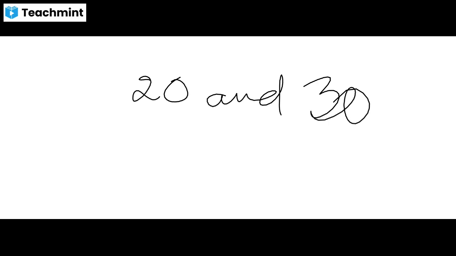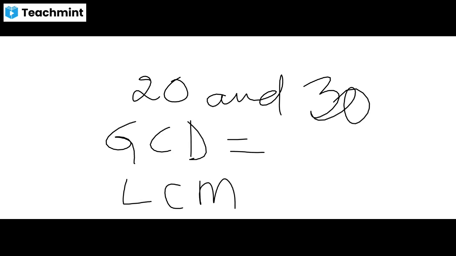We are talking about two things. One is GCD and the other one is LCM. GCD and HCF are same, then another one is LCM. Have you already found out? If you have found out, you just tell me.